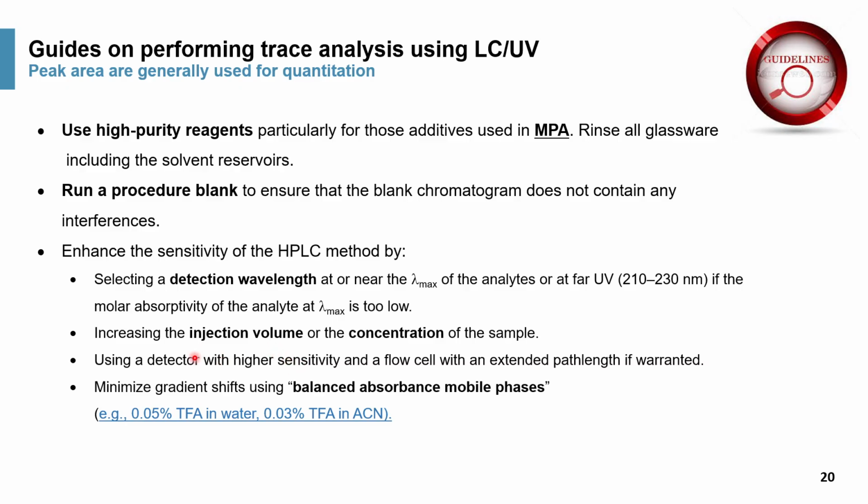To increase sensitivity, you can do two things: use a larger injection volume or increase the sample concentration, right? These are part of the method development, the fine-tuning towards the end. If you're doing external standardization and you want to increase sensitivity, such as in a cleaning verification study using UV, one can use an extended path length flow cell to increase UV sensitivity.